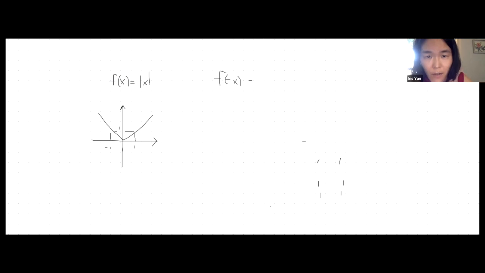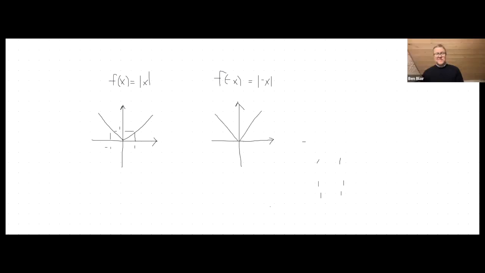Absolute value of -x is still the same as x. So I'll reflect it, but because it's already symmetric, I won't be able to tell the difference. So the f of -x is still going to look like this. Right. However, that thing that Solstice did will make a difference.